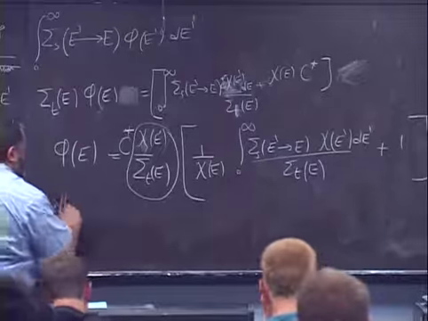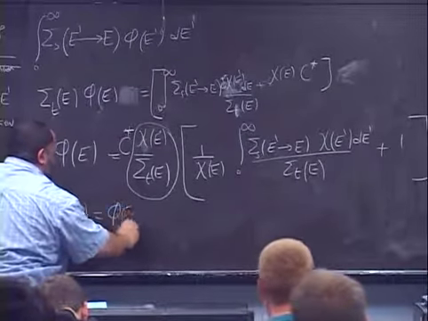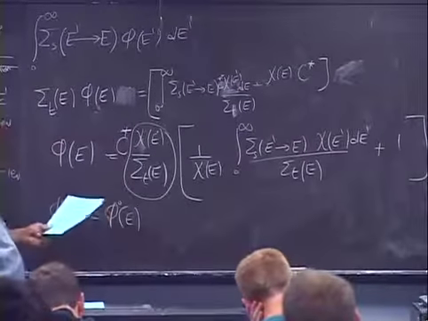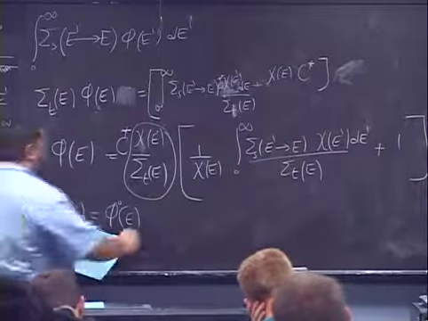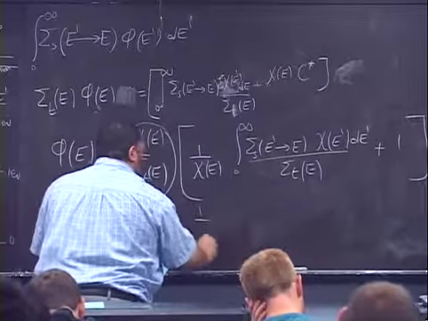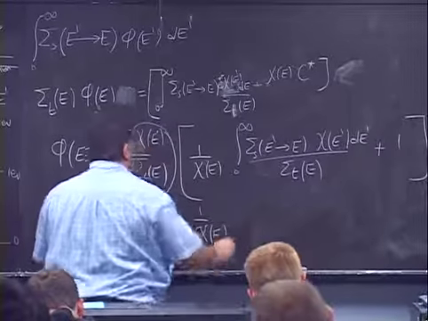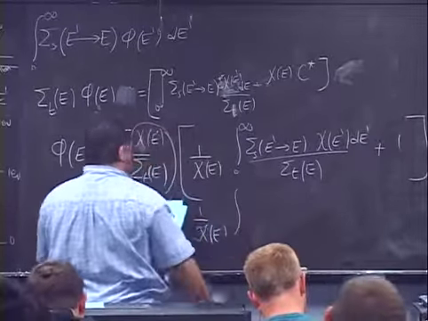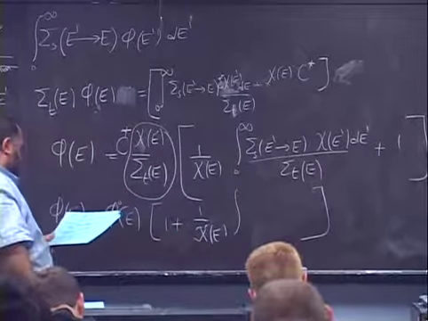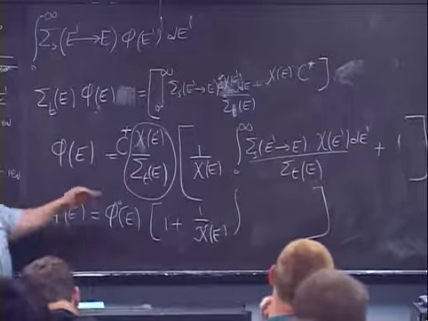So the flux of energy E will be just the initial guess of the flux, I call it naught here, multiplied by 1 plus 1 over chi of E multiplied by this integration. Okay, and this is how you will do it.